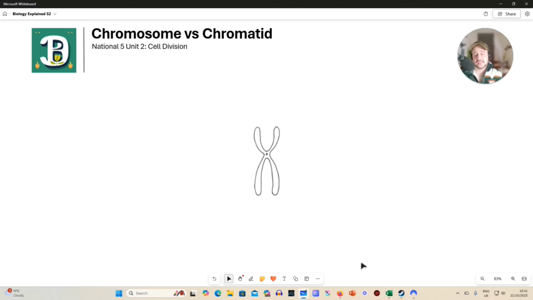So on the screen, you can see my cross here. Whenever we are referring to the entire cross, we are referring to the chromosome, because it's just two copies of it that are still attached. So in those first couple of stages of mitosis, we're talking about the chromosome condensing and migrating to the equator.